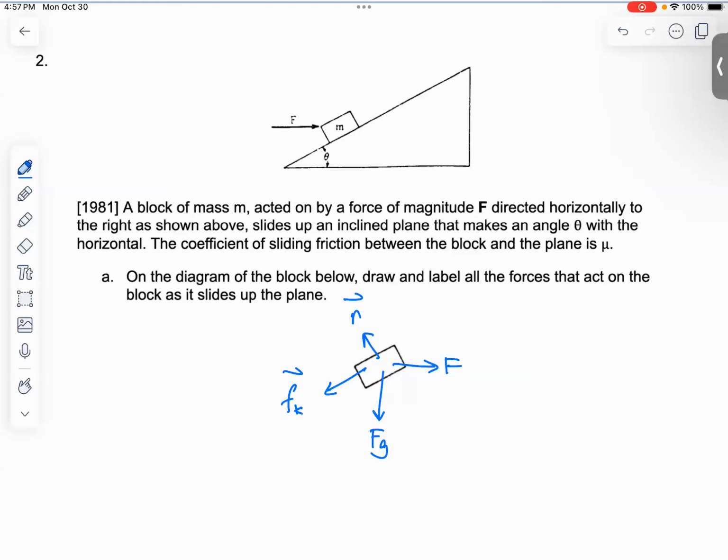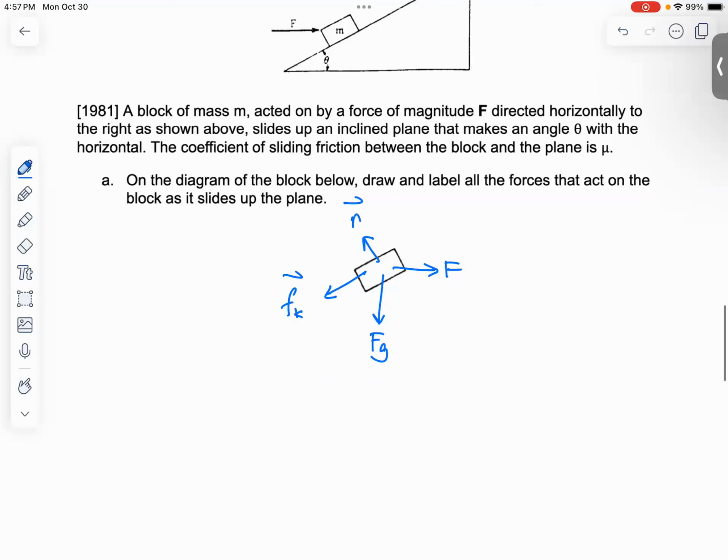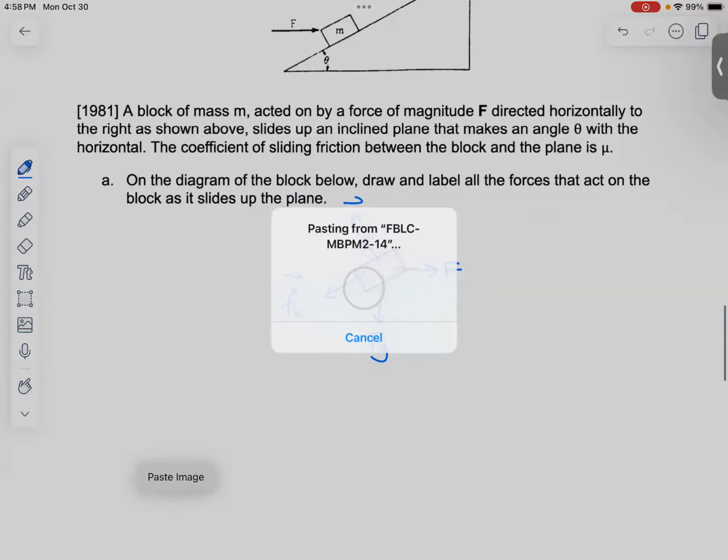It says derive an expression for the normal force exerted by the surface on the block. Before we do this, how about we draw the block again, but this time we break it down into components.